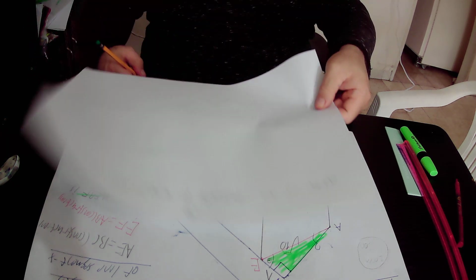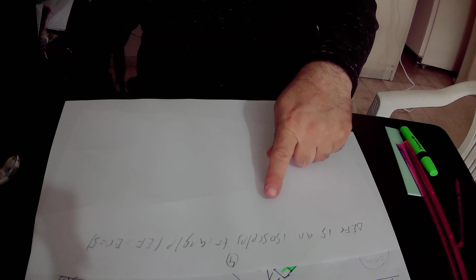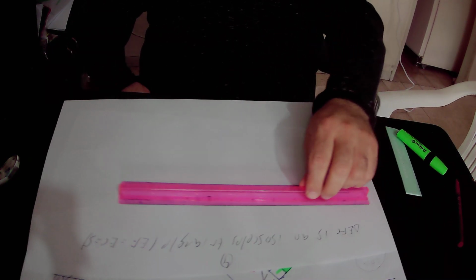I'll repeat again: triangle EFC is an isosceles triangle because side EF equals side EC in this triangle.